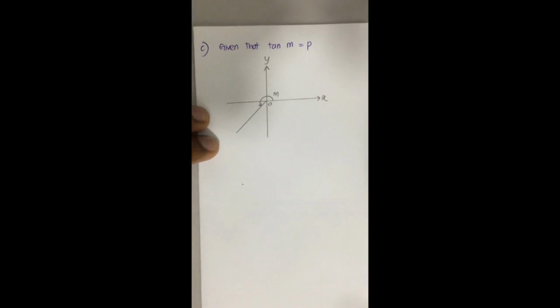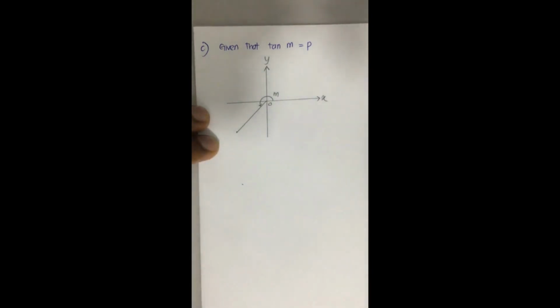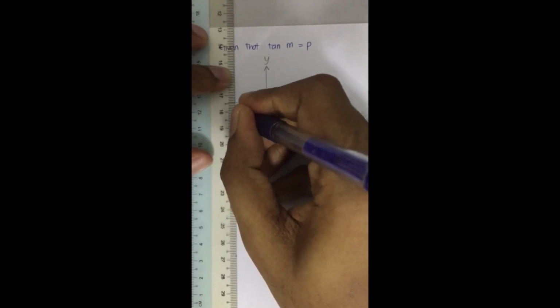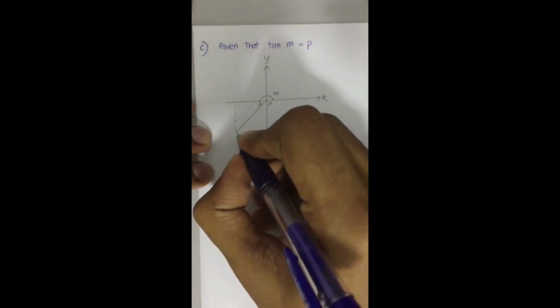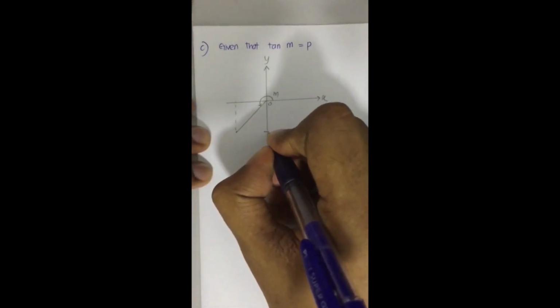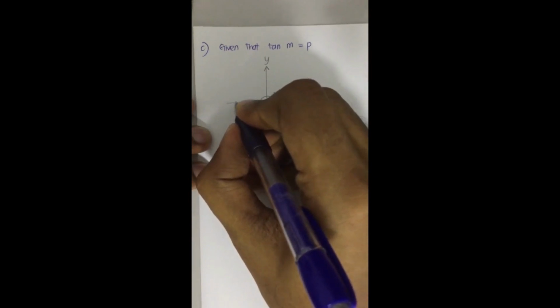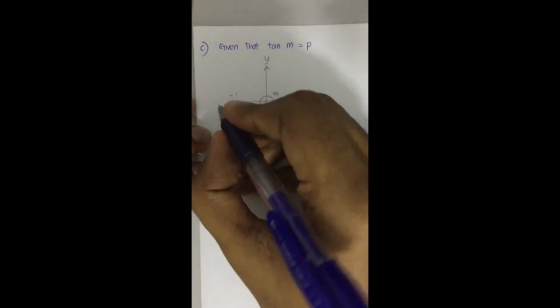So we can make a quick prediction that the distance of horizontal and vertical, we can conclude this as negative P, and the x coordinate is negative 1.